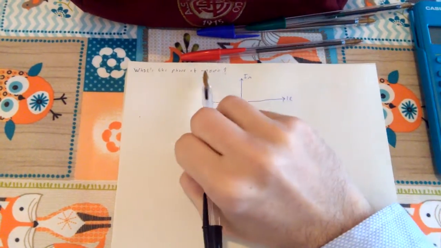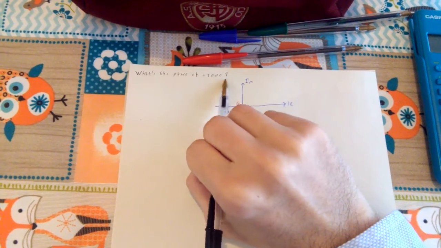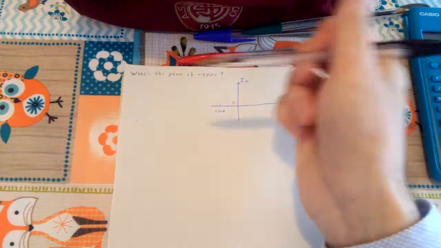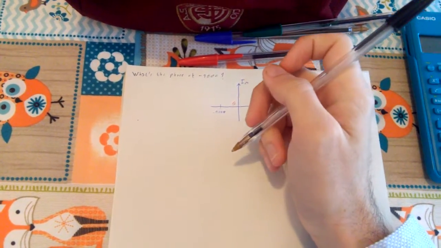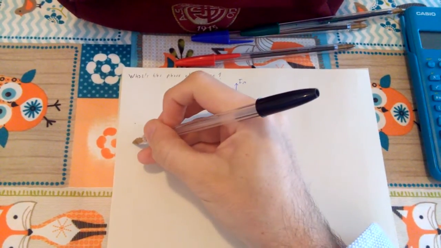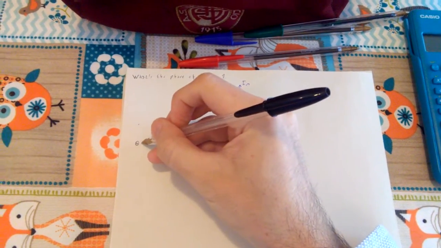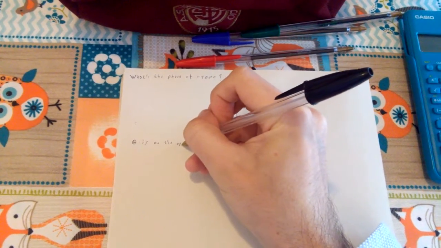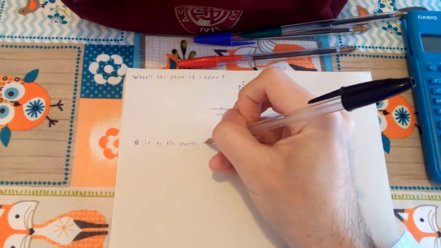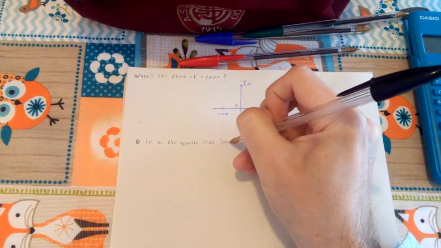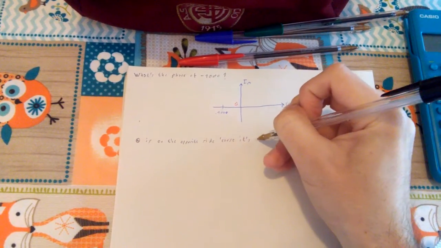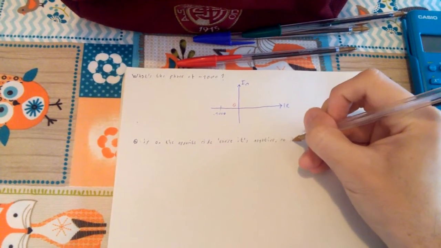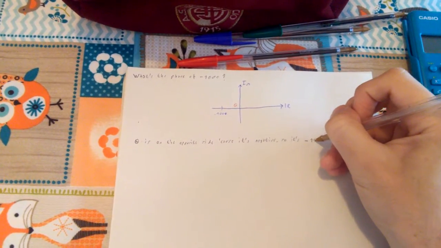So whenever you face a negative real number, and they ask you for the phase, it's going to be on the opposite side, and it's going to be negative 180 degrees. So in this case, we can say that theta is on the opposite side because it's negative. So it's negative 180 degrees.